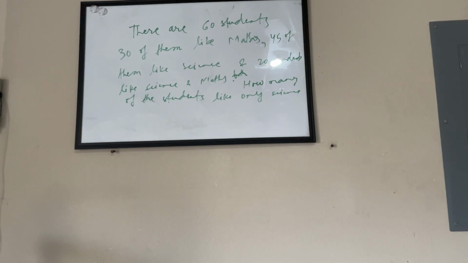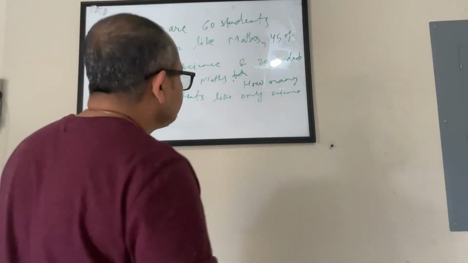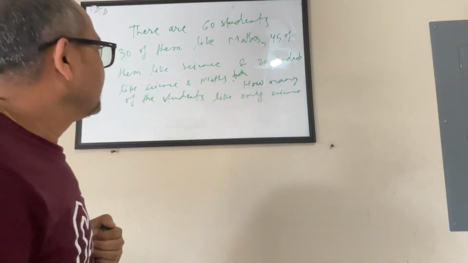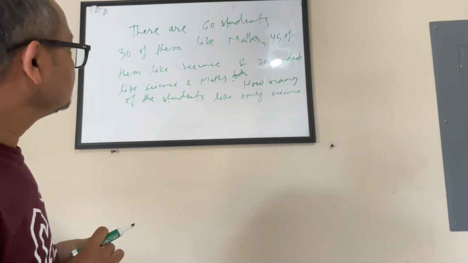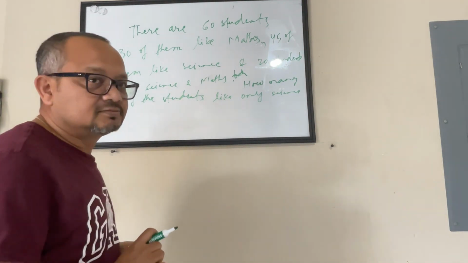Was it 5? You have to show me. I don't know the answer. This is a question that I made up on the fly. Was the answer 5? Because 20 like math and science and 45 like science, and then if you add them up, you get 65. If you subtract 60 from 65, you get 5.